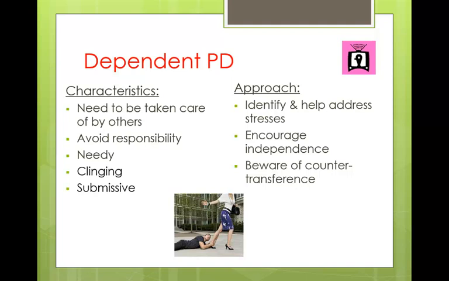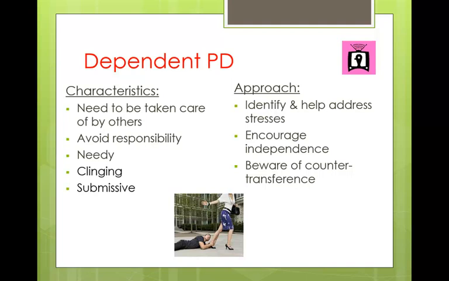So they're very submissive, very passive. They doubt themselves. They lack self-confidence. They rely on others. They're very dependent. And they're just really uncomfortable all the time.